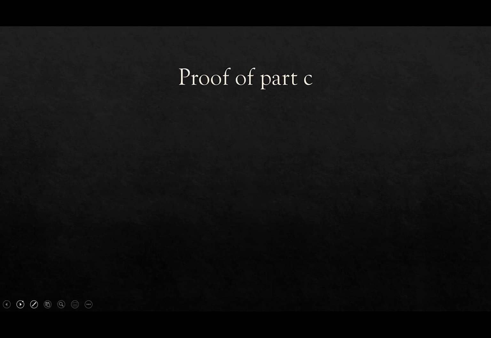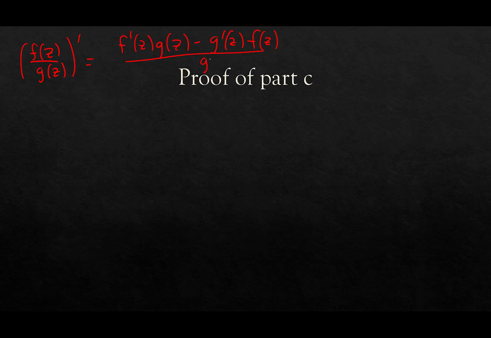So let's go ahead and prove the quotient rule. So remember, the quotient rule says the derivative of f over g is equal to f prime g minus g prime f all over g squared. Okay, so let's prove that. So proof.